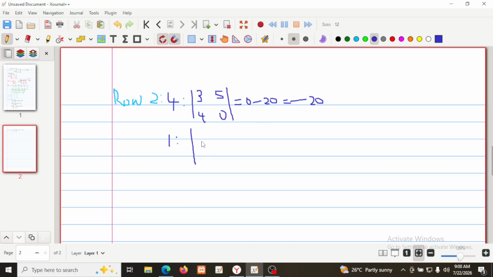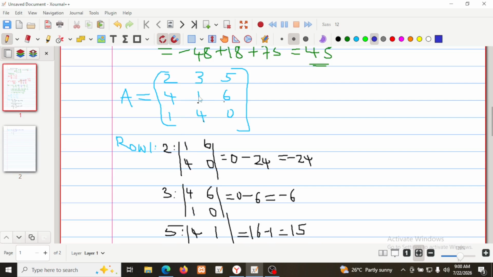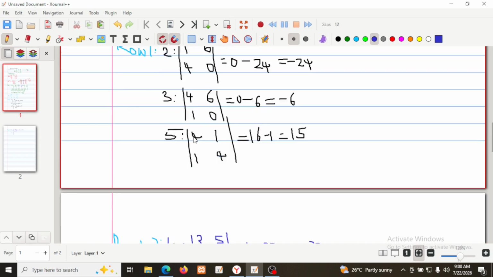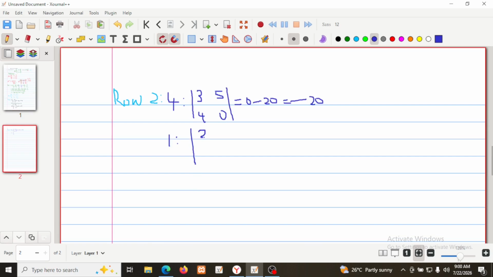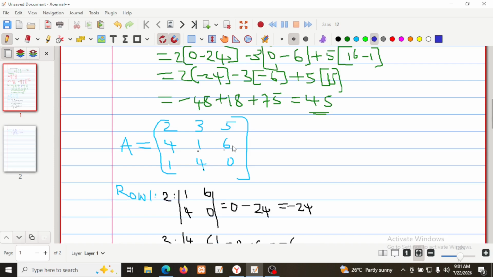For 1 we will block this column and this row, we have 2, 5, 1, 0. So we'll have 2, 5, 1, 0, which will give us 2 times 0, 0, minus 5, which is negative 5.